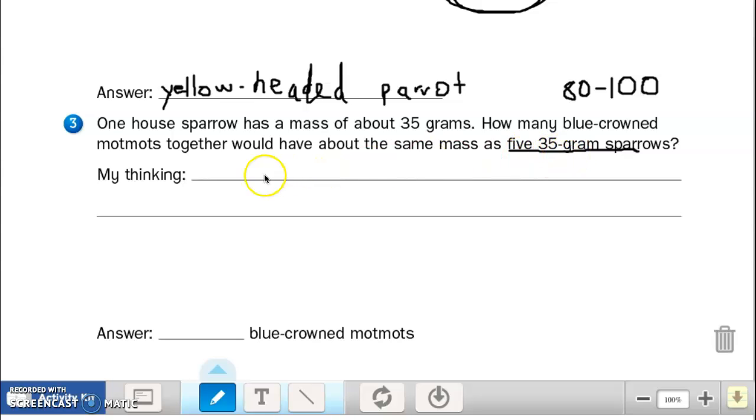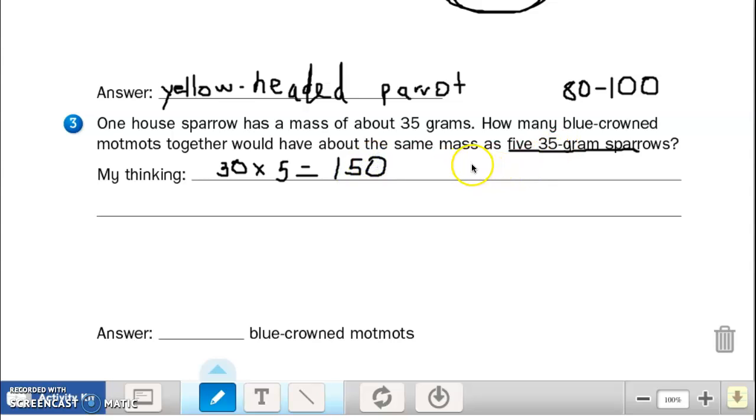So again, we're going to break apart 35 into 30 and 5, because they want to know 5 of those. So 30 times 5. And we remember with extended facts, you're just doing the main number. So 3 times 5 is 15. So that's 150, adding the 0.